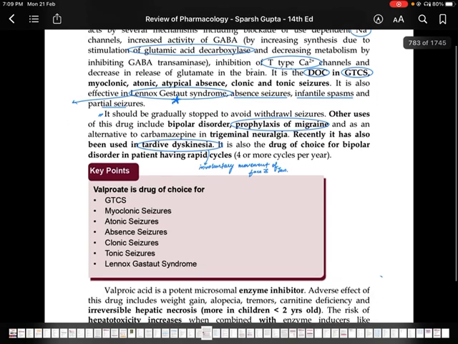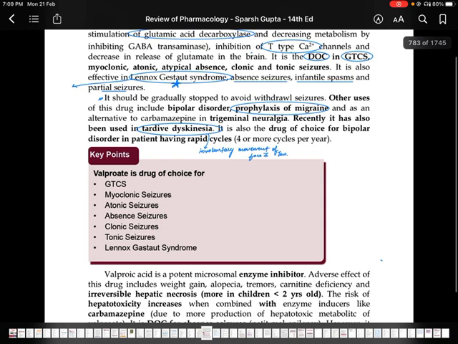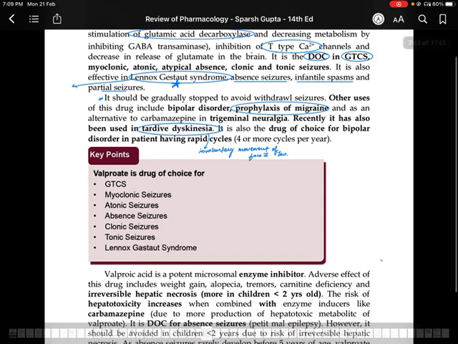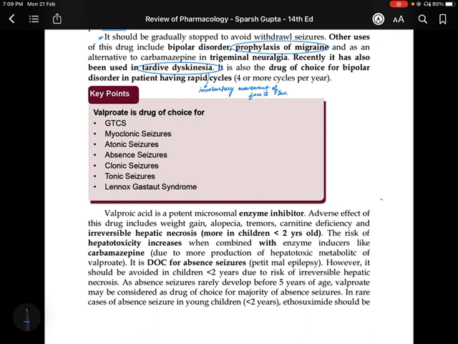And it is also a drug of choice for bipolar disorder in patients having rapid cycle. So every kind of seizure and Lennox-Gastaut syndrome, tonic, absent, clonic, tonic, and Lennox-Gastaut.